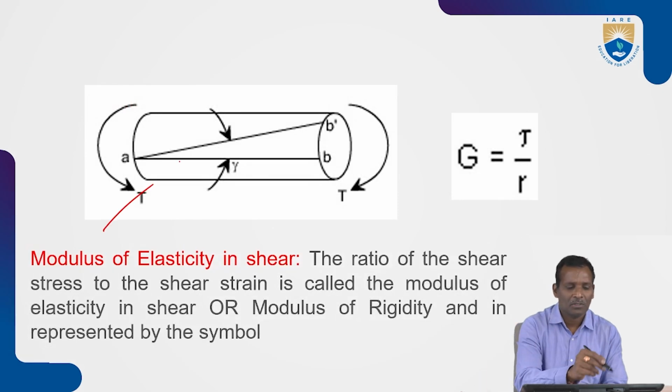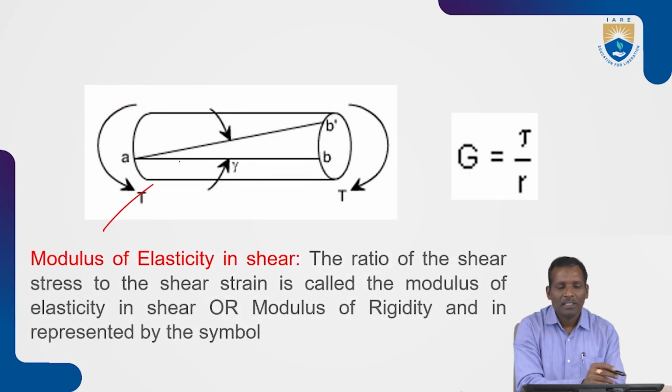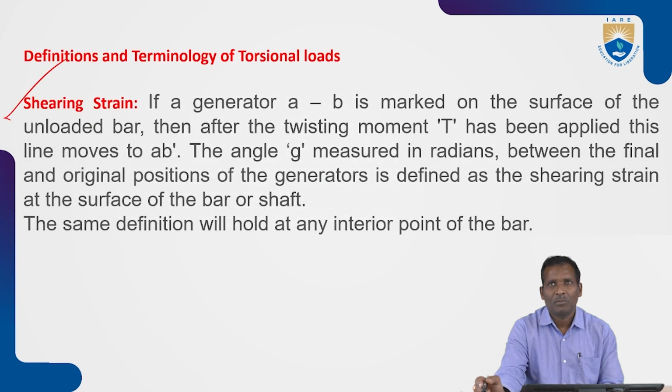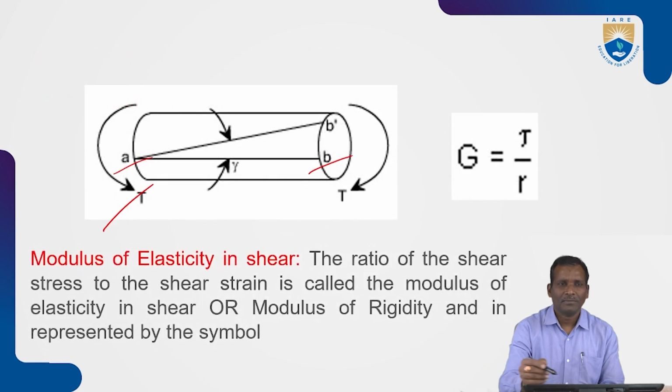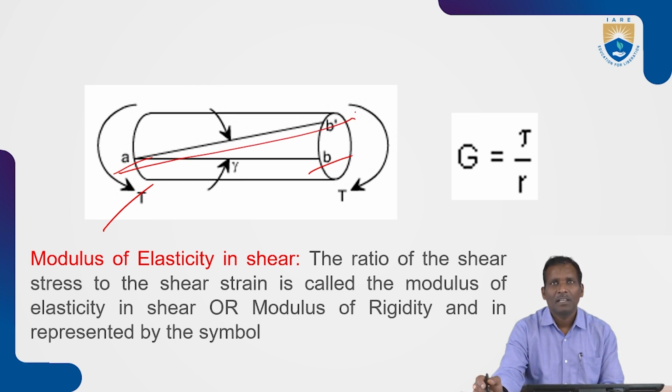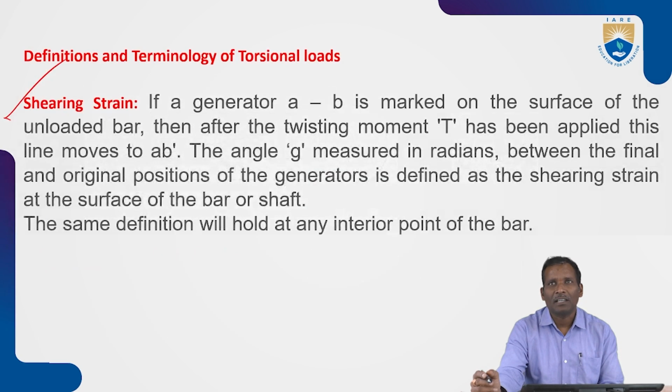See here in the diagram, A and B are marked on the surface of the unloaded bar, then after the twisting moment T has been applied, this line moves to AB dash.